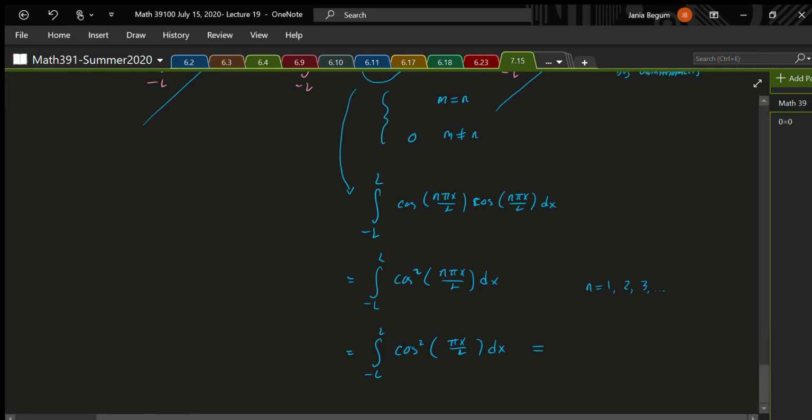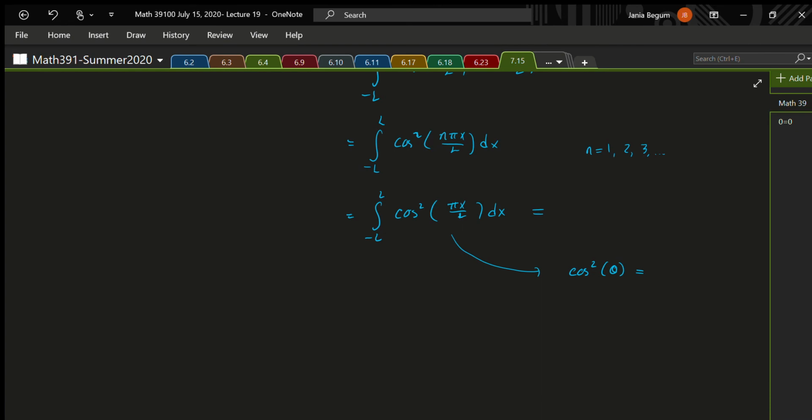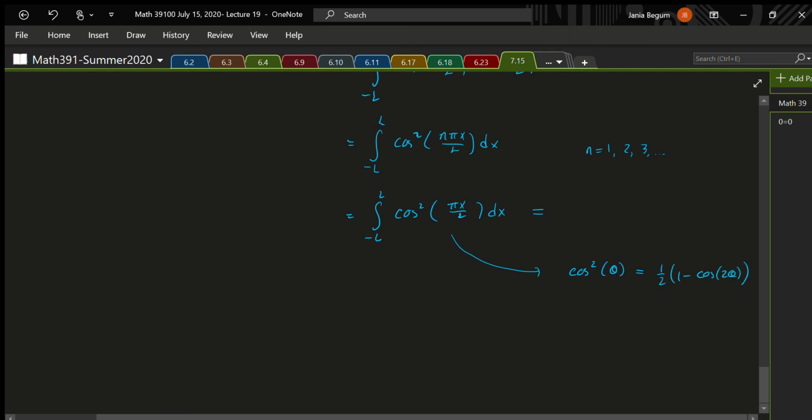If you remember from the past, if you had cosine squared theta, right, how did you integrate that? What was the formula that you guys used? Yeah, so you had 1/2 times 1 minus cosine of 2 theta. Something like that, right?